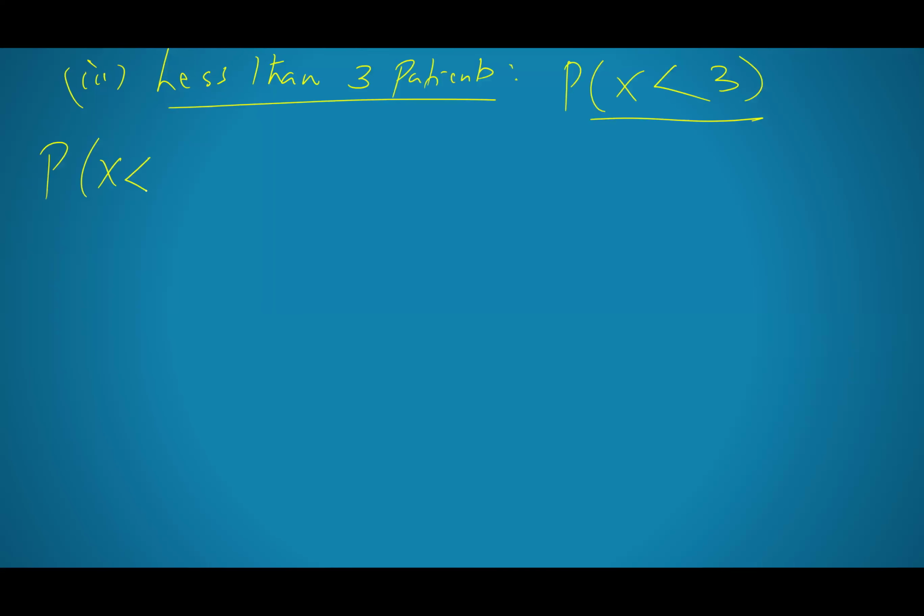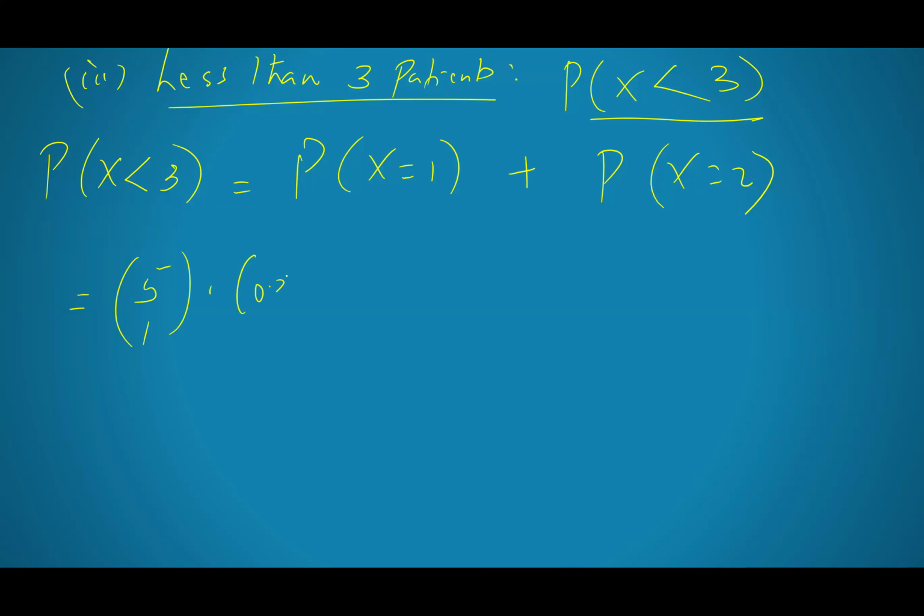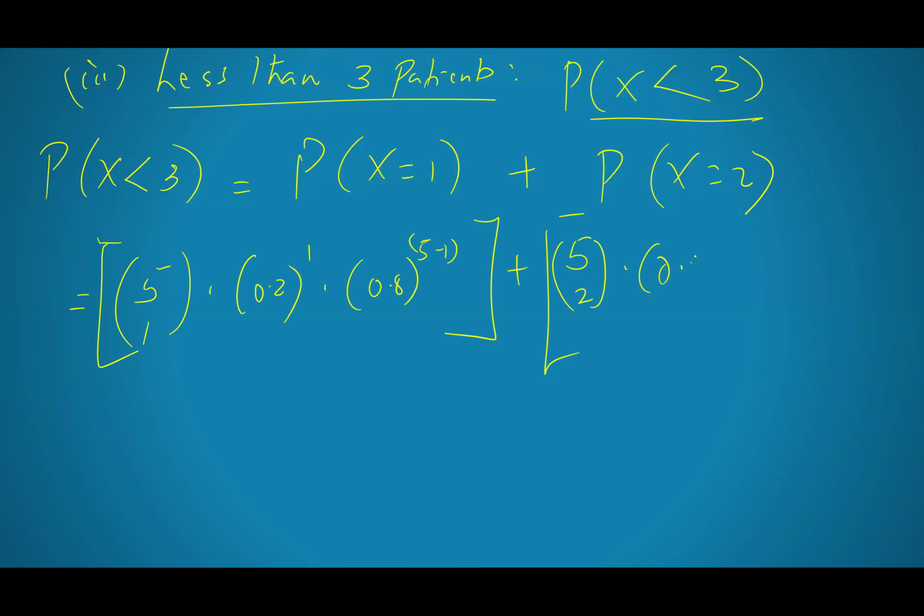Probability that x is less than 3 would be probability that x is 1 plus probability that x is 2. So that's going to be 5C1 into 0.2 to the power 1 into 0.8 to the power 5 minus 1. That is the first part, A, plus now the 2 is going to be 5C2 into 0.2 to the power 2 into 0.8 to the power 5 minus 2.